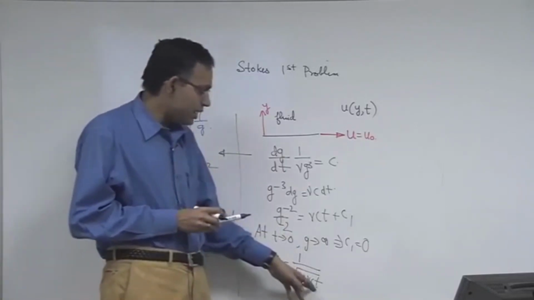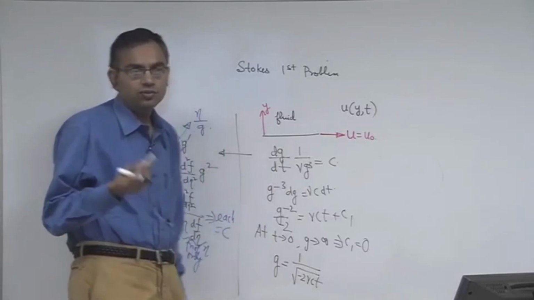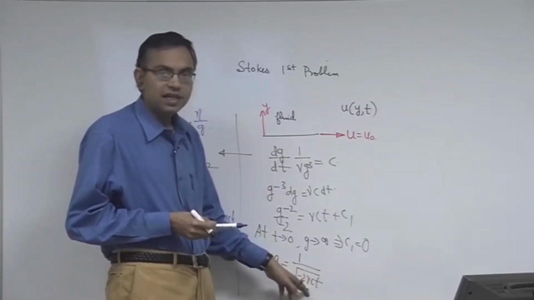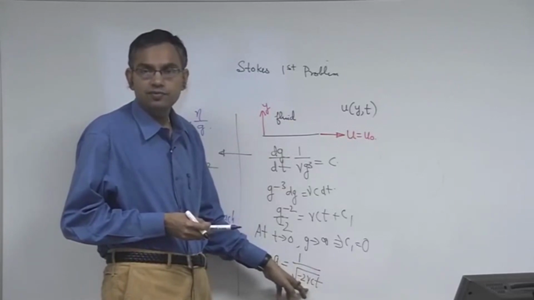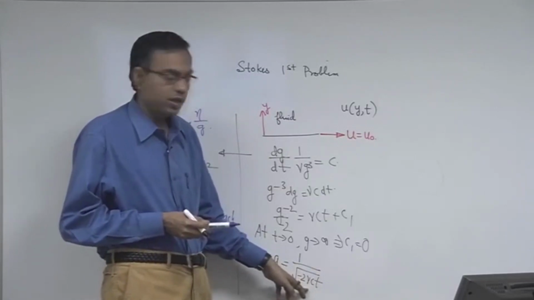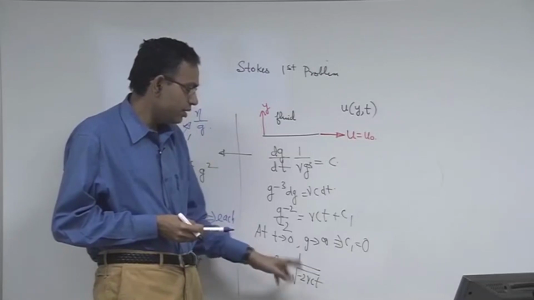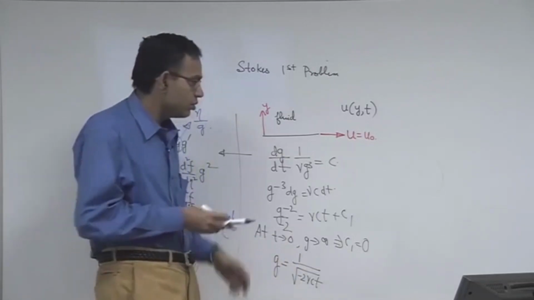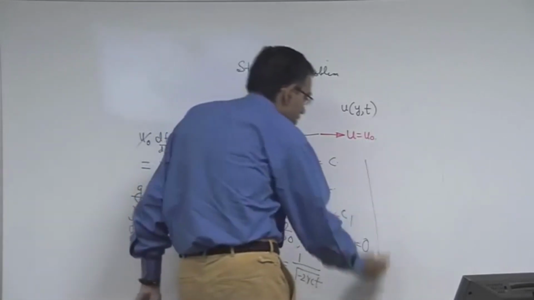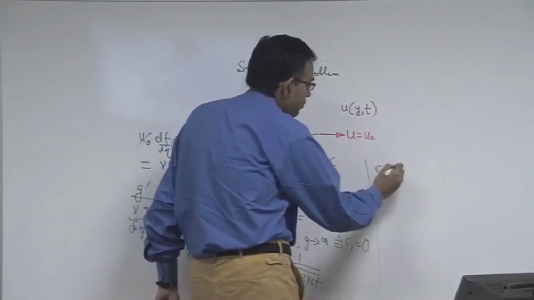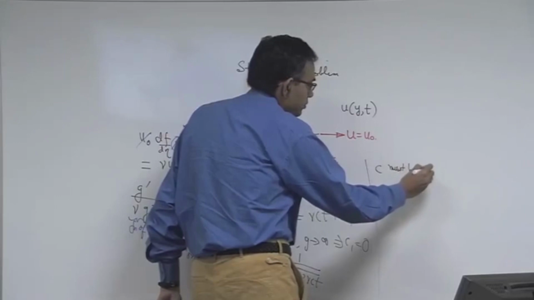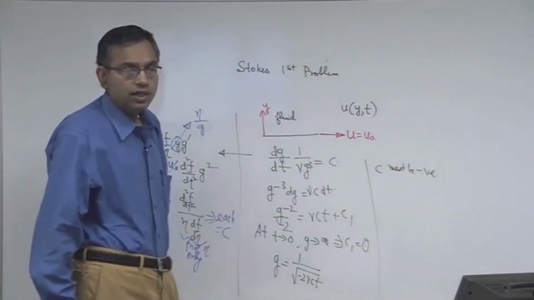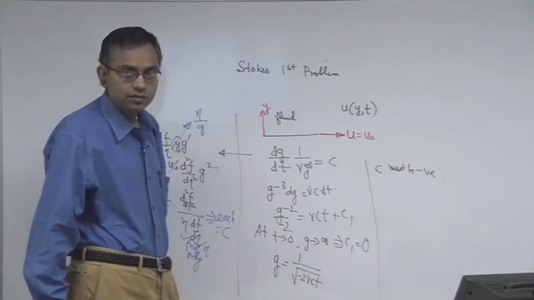Now, the question is, what is the value of C that you may take? The only restriction is that C has to be negative, because this G has to be a real number. So, C must be negative. What is the typical choice of C?